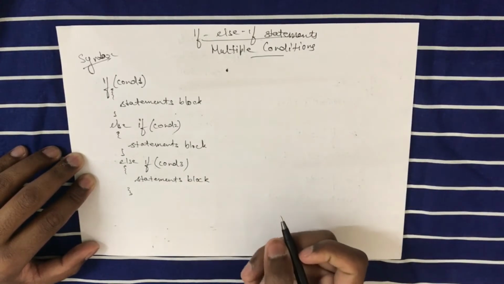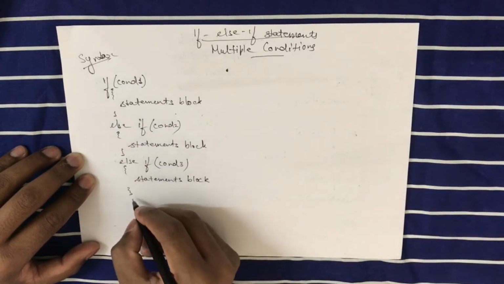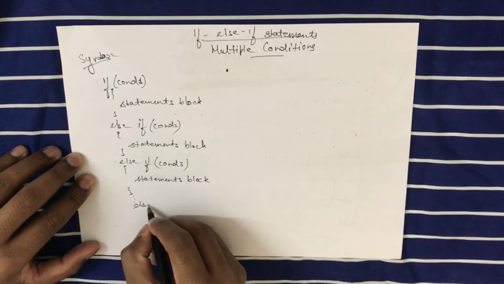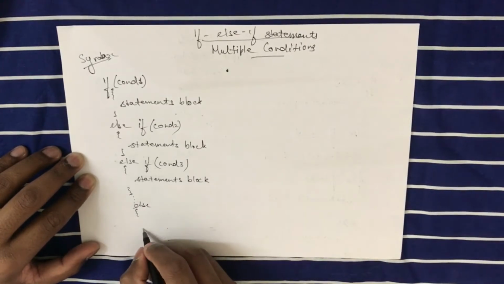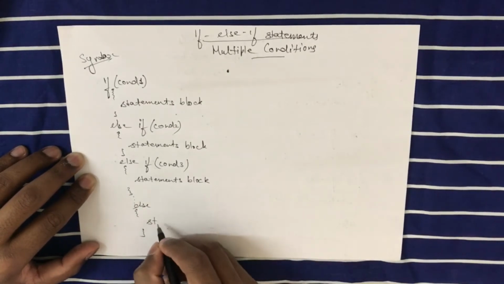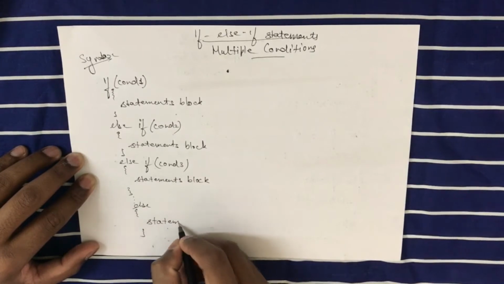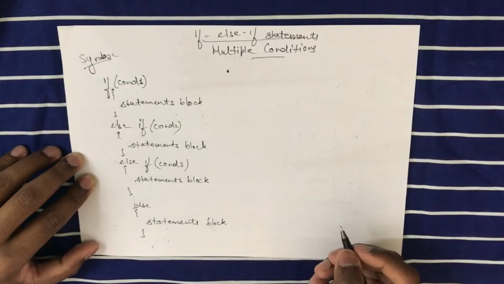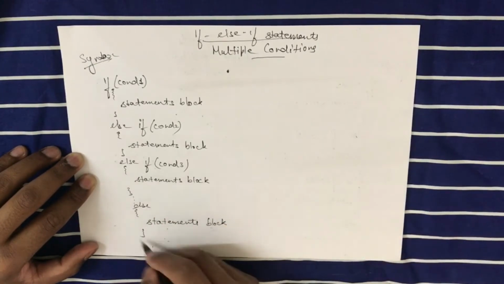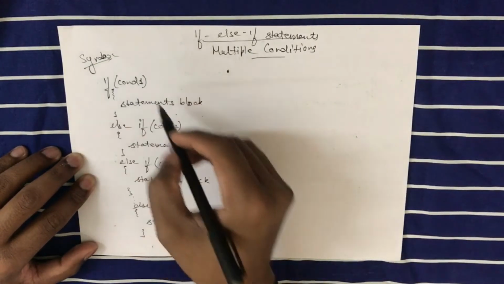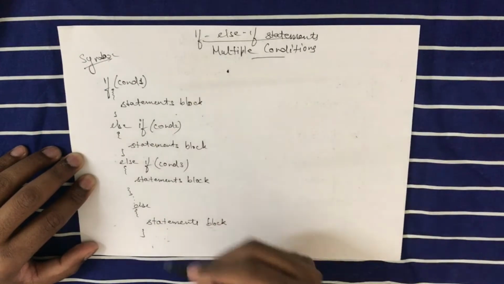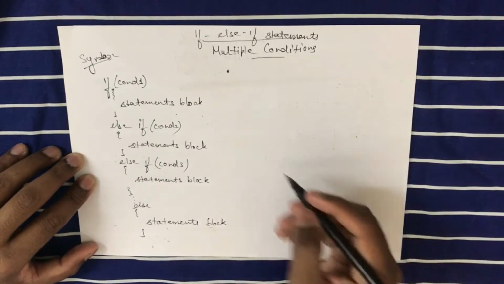After taking the required number of conditions, in the end we'll specify the false part, which is else. This else part executes when all the above conditions get failed. So you have to keep in mind, this false part will only be executed if all the conditions get failed. So this is the syntax of if else if statements.